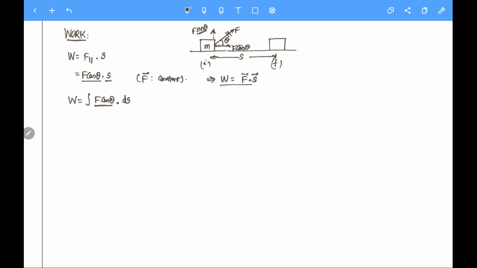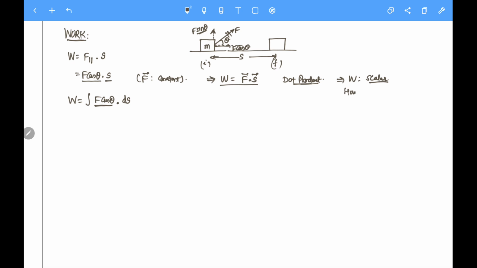This is the dot product of vectors, or we also say it is a scalar product because the result is a scalar. This implies that work is a scalar quantity. It means it has only magnitude, no direction.